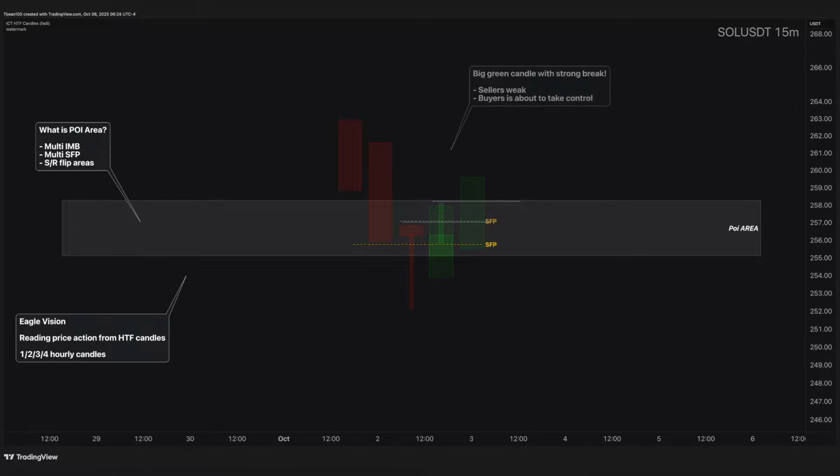However, sometimes you will see a double swing failure pattern, or two pin bars or two hammers appearing on opposite sides. That usually means there's a big conflict happening in that zone. Buyers and sellers are both fighting hard for control, and it might take a while before the market decides who wins that battle.